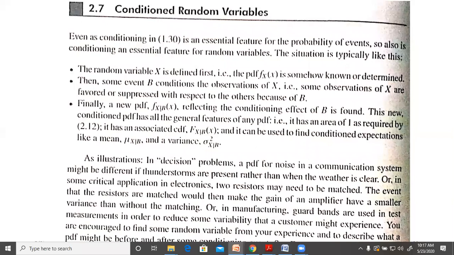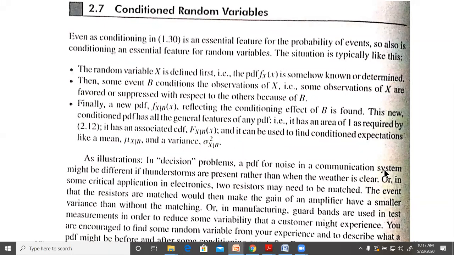So when the weather is clear, the PDF of the noise will be different, and when thunderstorms are there, the noise will be different. That is the dependency of the noise in the communication system on the condition of the weather, whether it is clear or having thunderstorms.